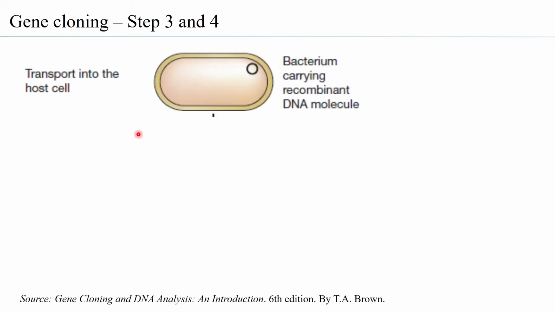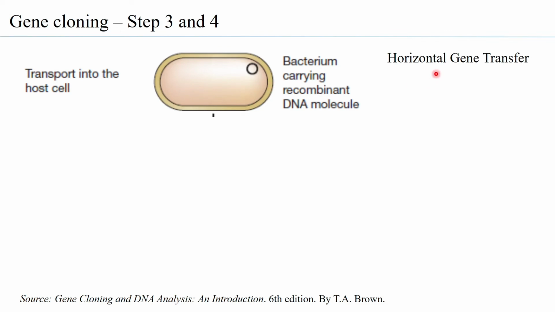When this recombinant DNA molecule is transported into a host cell, that process is called horizontal gene transfer, which means that a DNA molecule from the surroundings enters a host cell, and that is why it is called horizontal gene transfer.